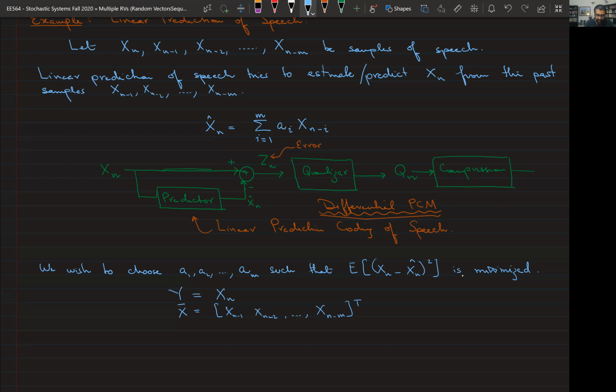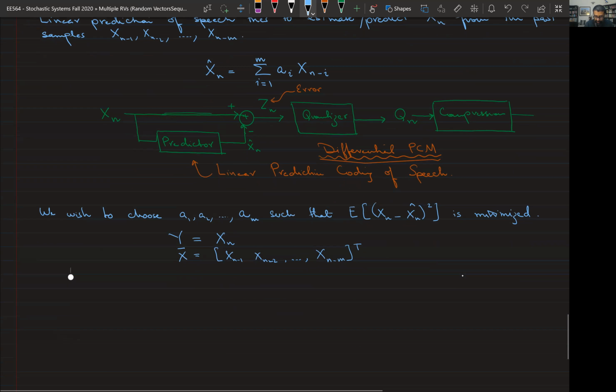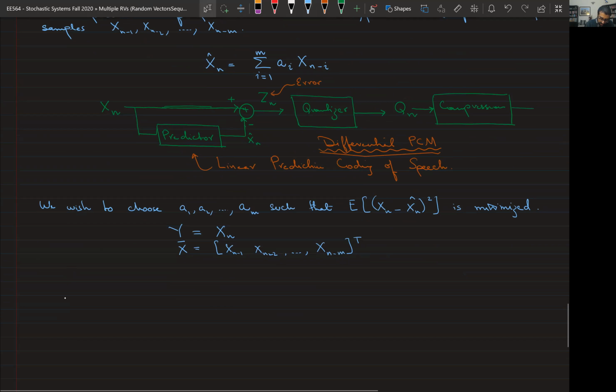Okay. And if you recall the solution from the derivation that we did up above, A was equal to the correlation matrix inverse times P, where P was equal to expected value of x times y.